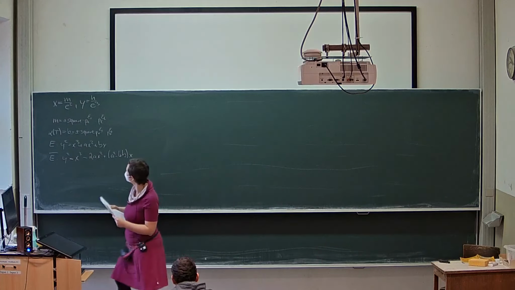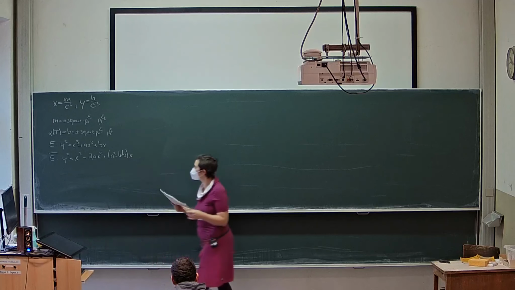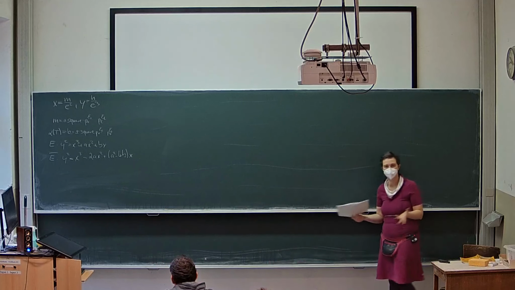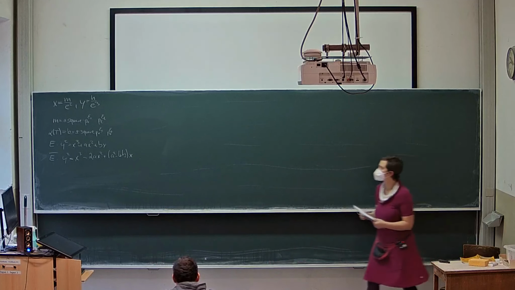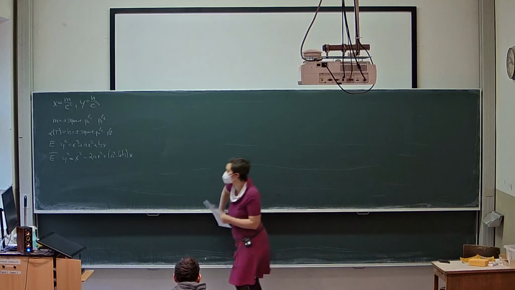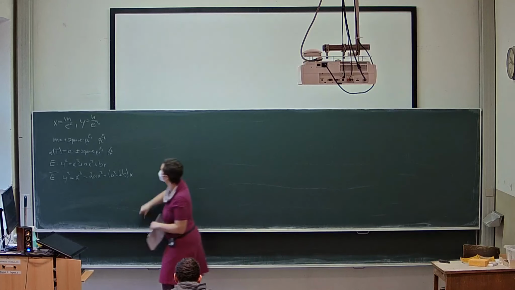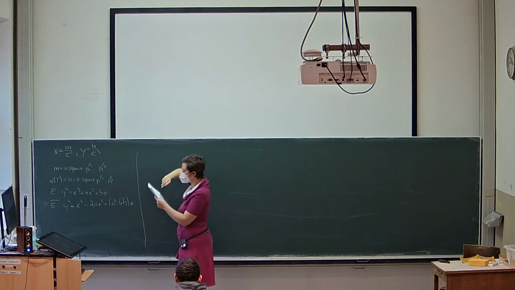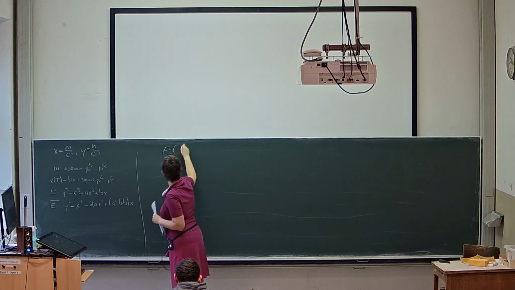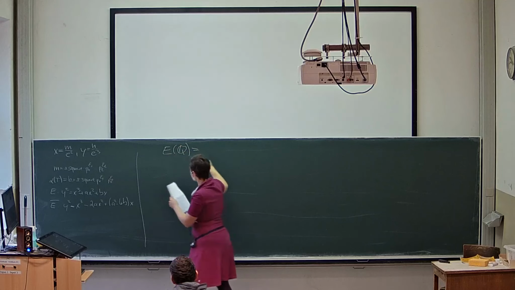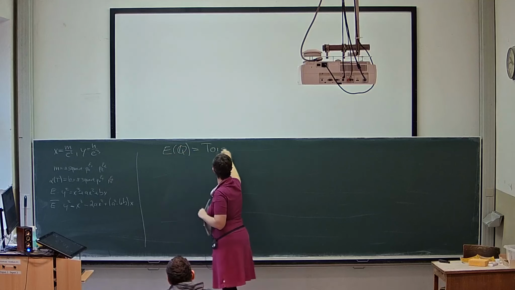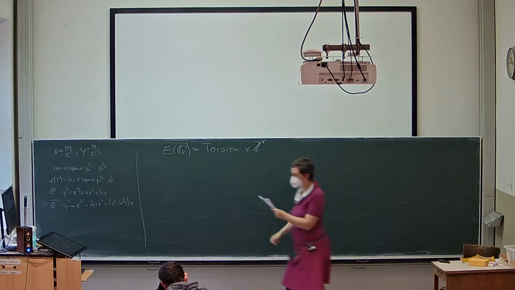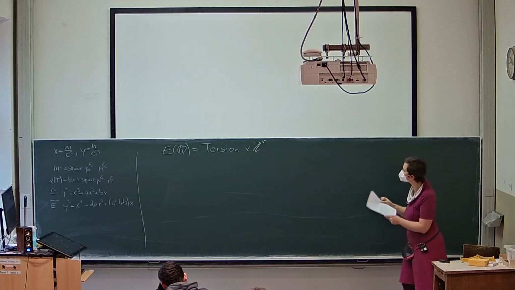So today we're hopefully going to finish the section about the structure of the group of the rational points of an elliptic curve. In the last few lectures, we proved that E of Q has this structure, because it's a finitely generated abelian group.